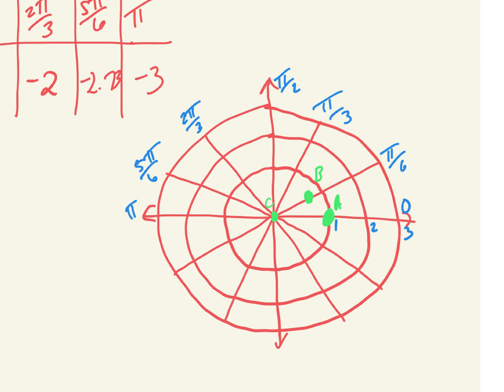Sorry, Alex. Pi over 2 is down here at -1. Five pi over 6 is at -2. No, I read that wrong. 2 pi over 3, I'm sorry, is at -2. Right, so because it's -2, I've got to be over here.